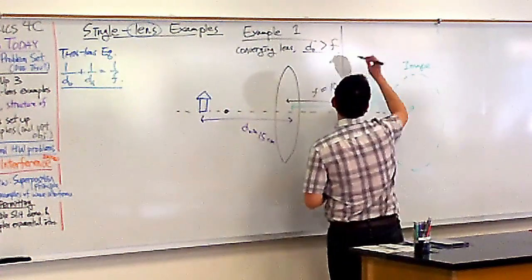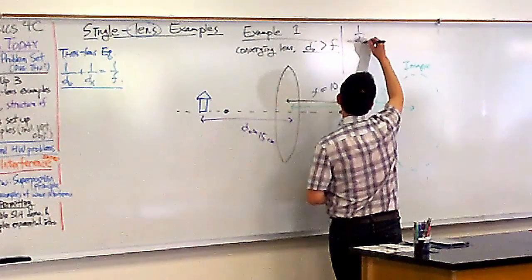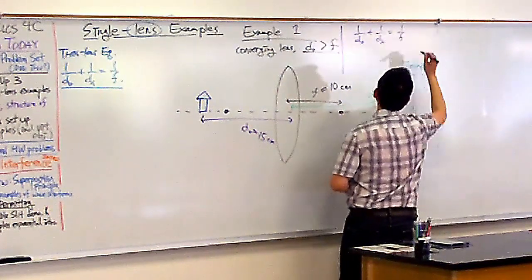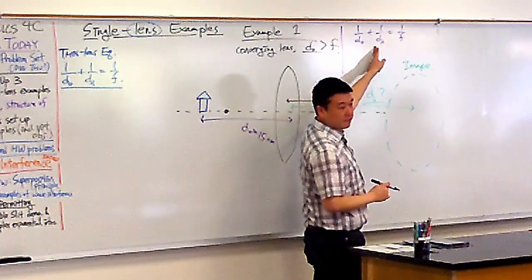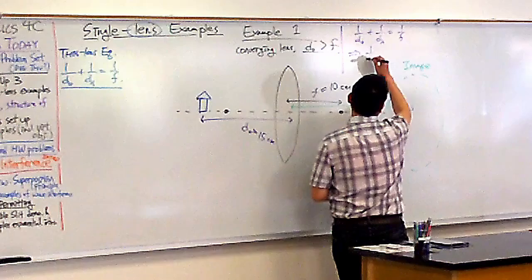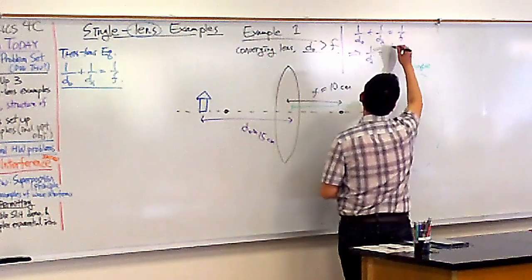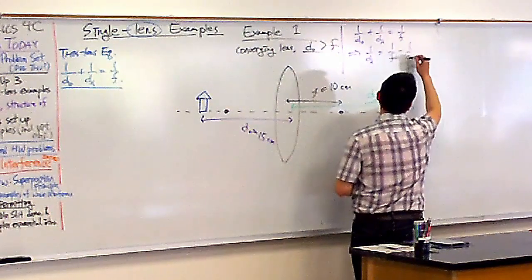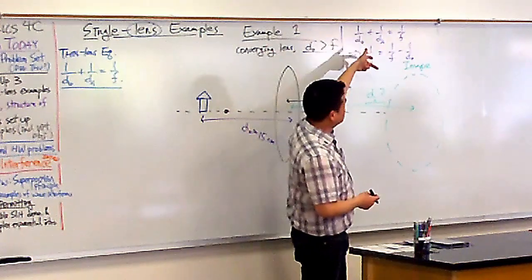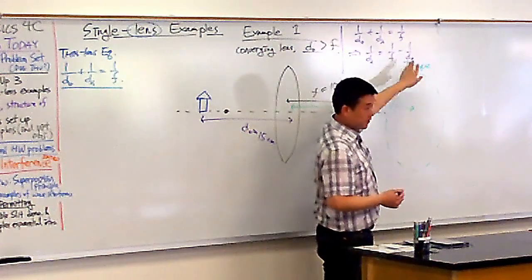So this is my lens equation, 1 over dO plus 1 over dI is equal to 1 over f. I want to solve for dI, so move this over. So I get 1 over dI is equal to 1 over f minus 1 over dO. I want to take the reciprocal, so I should combine this fraction here.